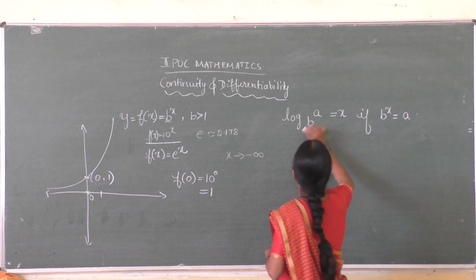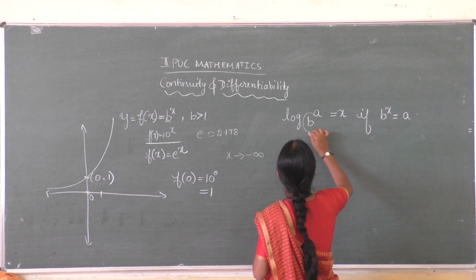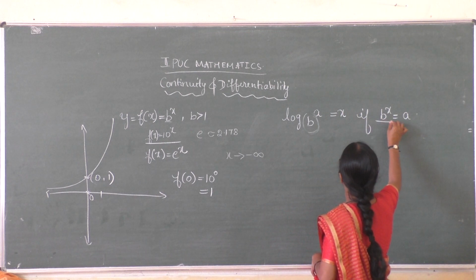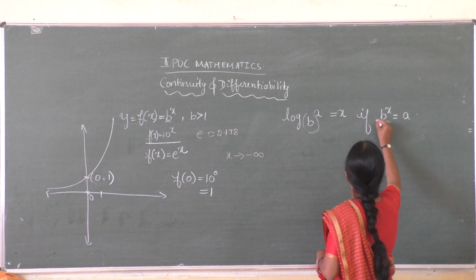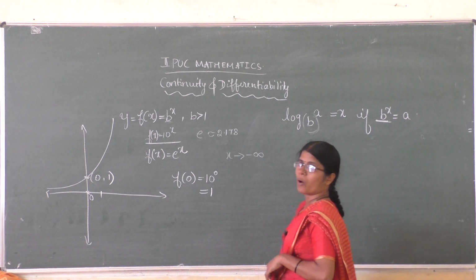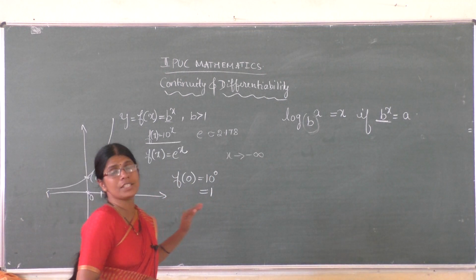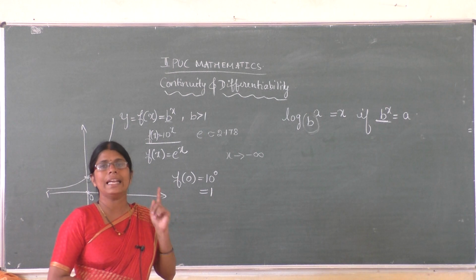Already we have this clear, this a should always be positive. So to define a logarithm function, the numbers should be positive real numbers.